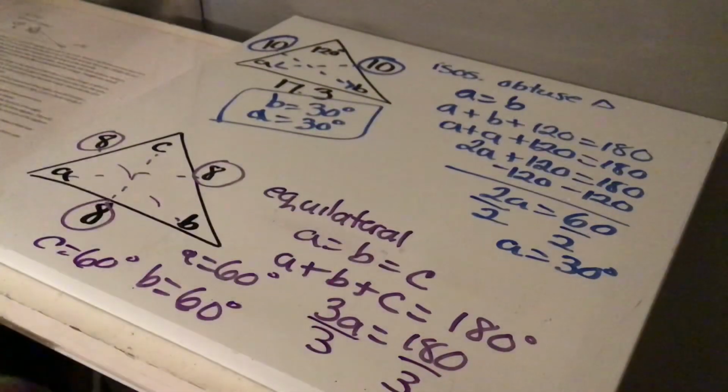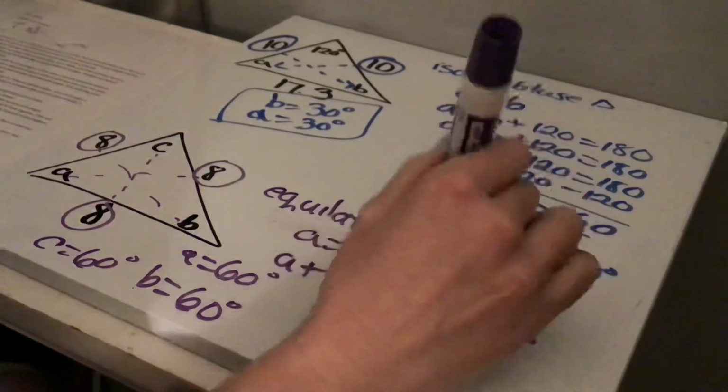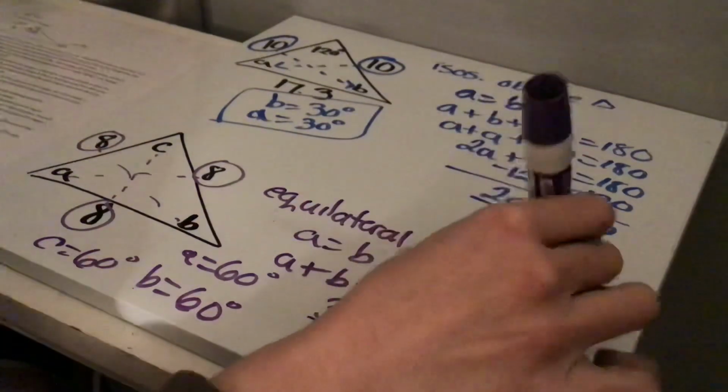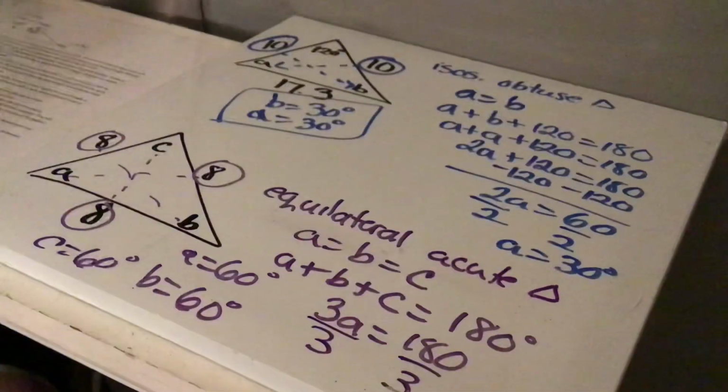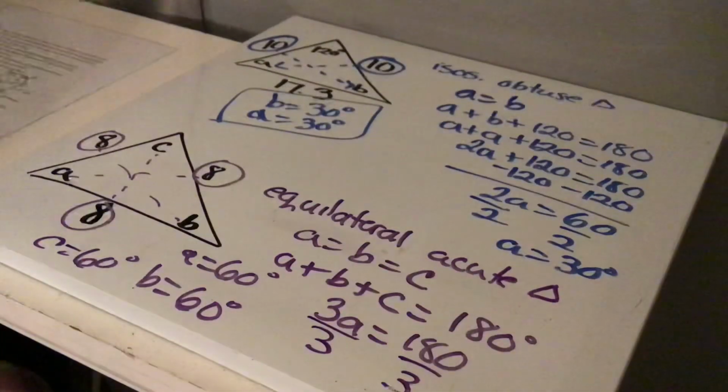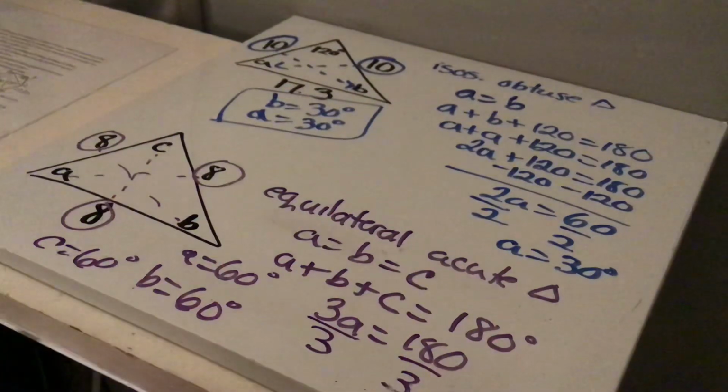So we would say this is an equilateral acute triangle because the three angles here are less than 90 degrees. Okay, and that is lesson 11.5.